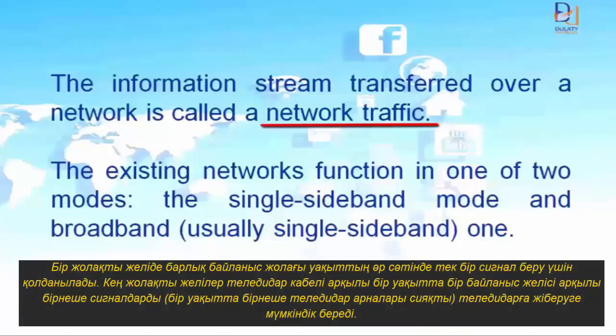In the single sideband network, all communication bandwidth in each moment of time is used for transmission of only one signal. Broadband networks allow transmitting several signals at the same time over one communication line, similar to how several television channels arrive simultaneously over TV cable to the TV set.